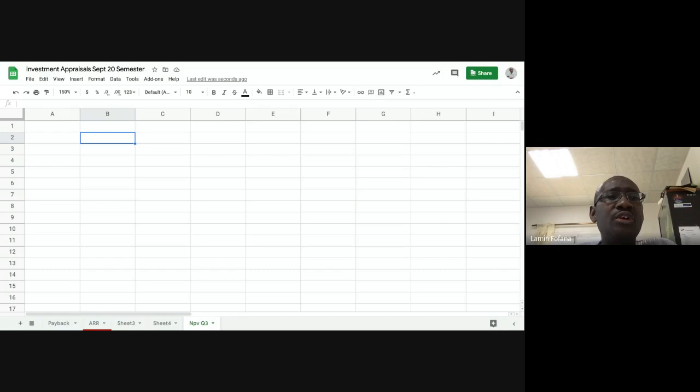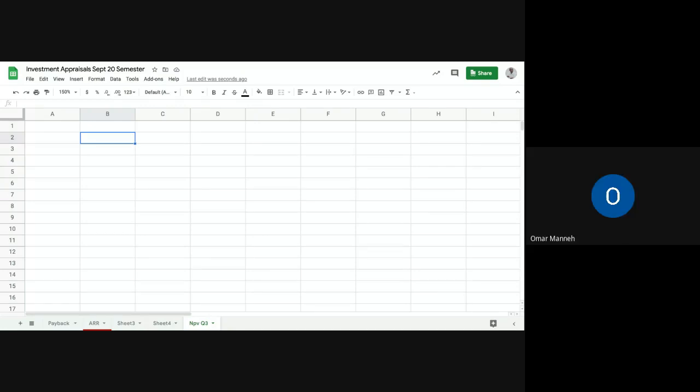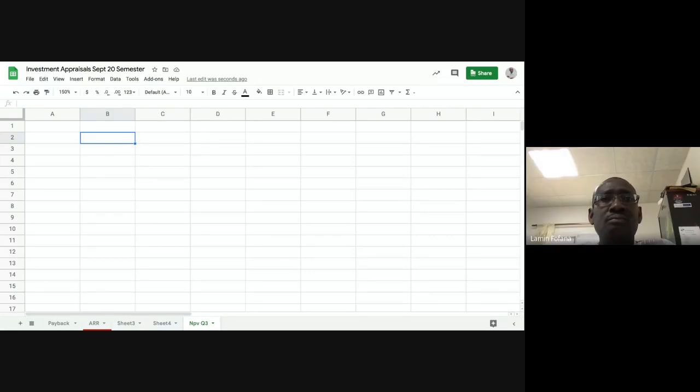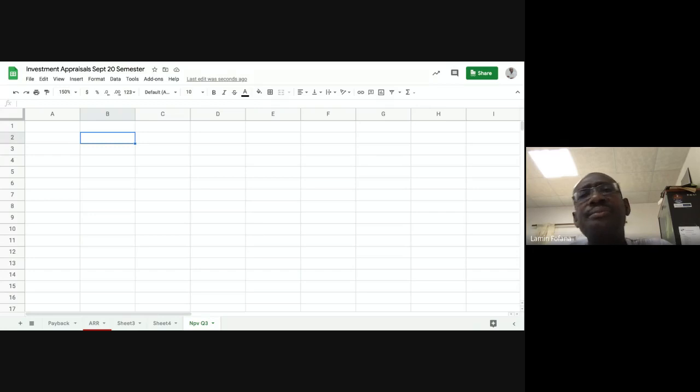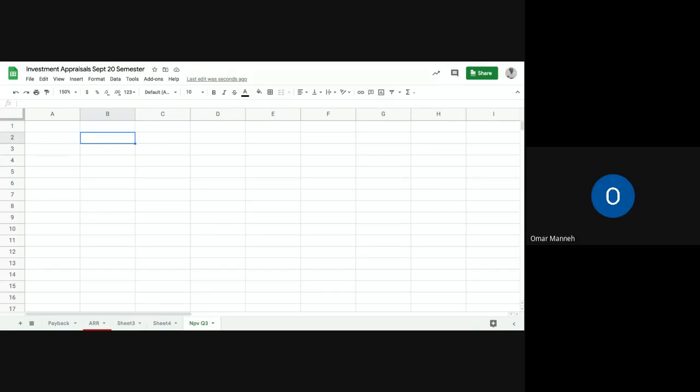If you look at the table above, it says year 0, 280,000 in bracket. What does that mean? Cash outflow. Okay, what is year 0? I think it is the year that you have started the business.